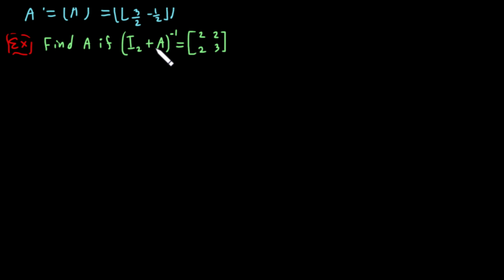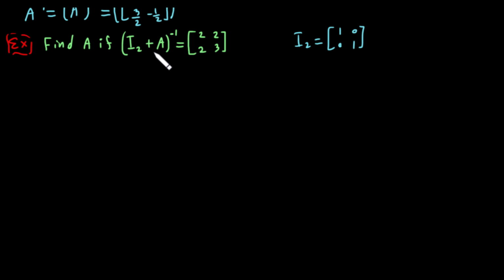So we want to find this A here, and they give you this. And we know that I2 equals 1, 0, 0, 1, the identity with size 2 by 2.